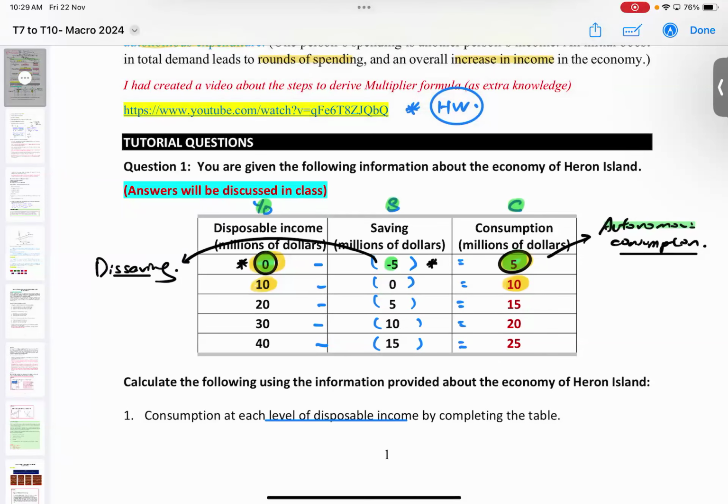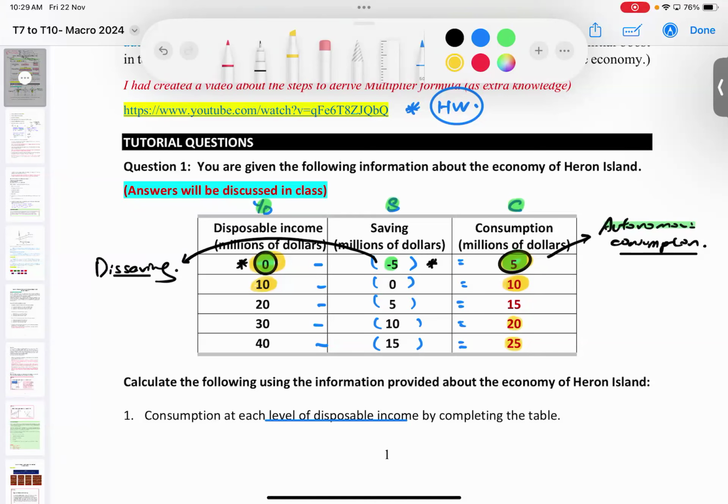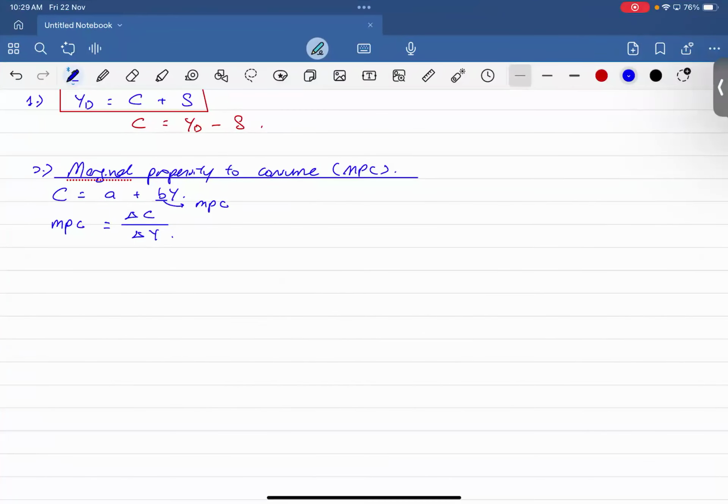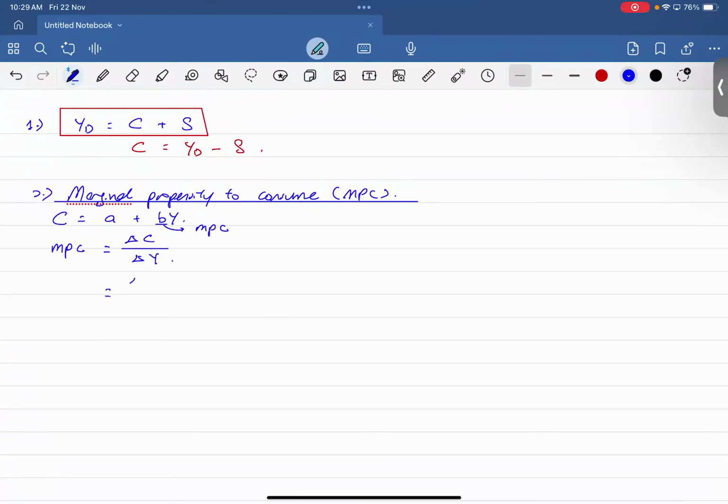You can also take these two figures at the bottom, like 25 minus 20 divided by 40 minus 30. So at the end, you will get 0.5.